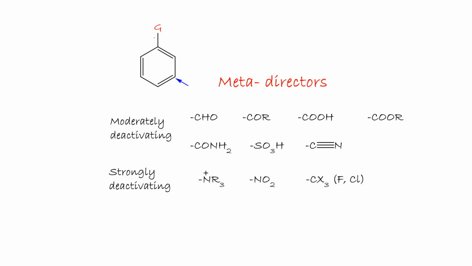When the group is an electron withdrawing group, it directs the electrophile toward meta. Moderately deactivating: carbonyls like aldehyde, ketones, carboxylic acid, ester, amide. Here we have sulfonates and nitrile. That's moderately deactivating.